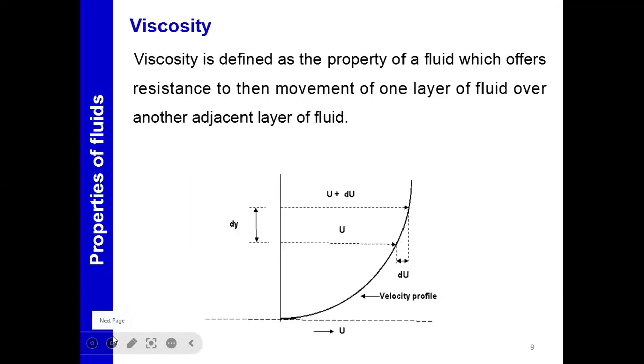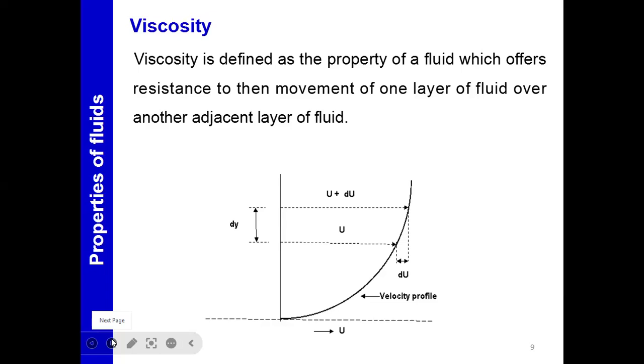So what actually is viscosity? Viscosity is defined as the property of a fluid which offers resistance to the movement of one layer of fluid over another adjacent layer of fluid. You must know that every fluid has layers, an internal and an external layer. So viscosity is a property of a fluid which offers resistance to the movement of one layer of fluid over another adjacent layer.